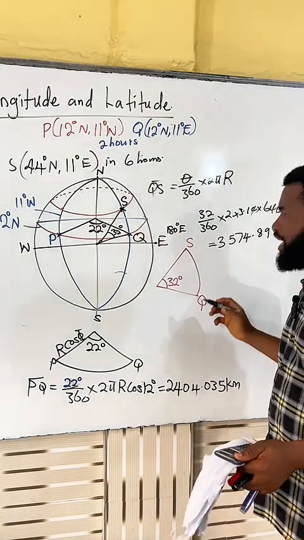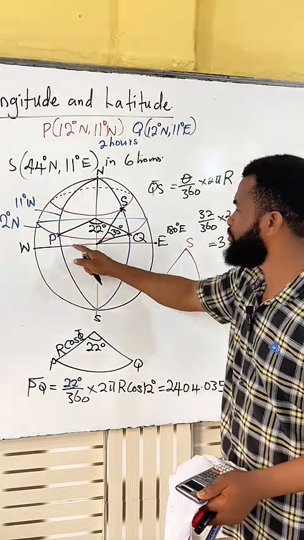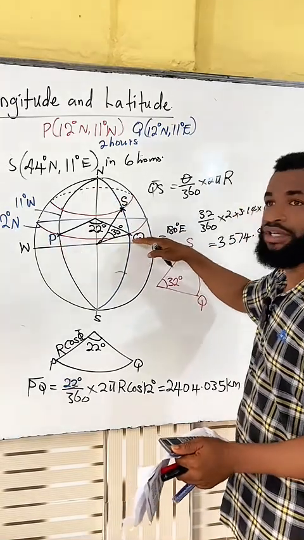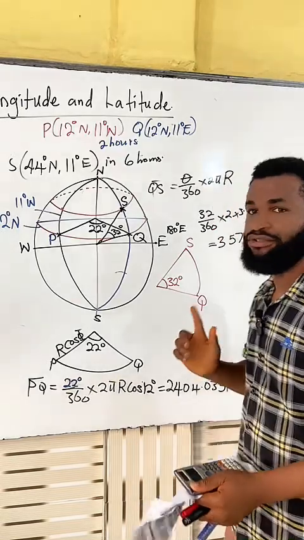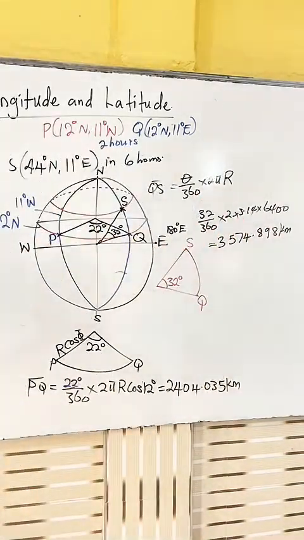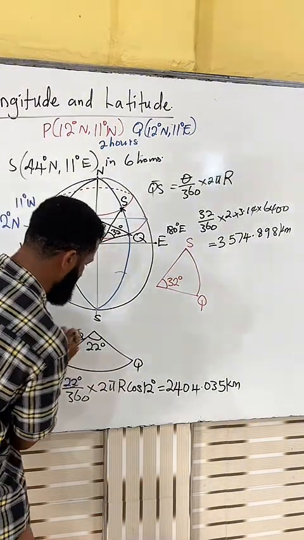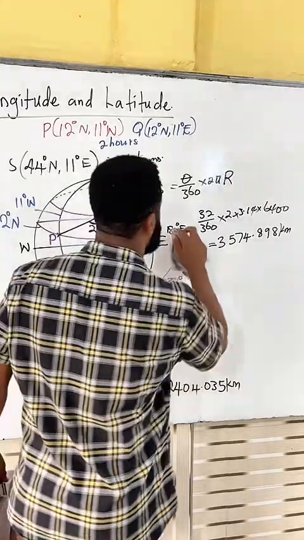But remember, I am looking for the total distance. Total distance is going to be from here to here and from here to here. I'm going to add PQ and QS. So let's do that. The analysis here is done.